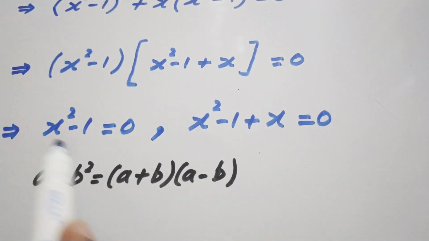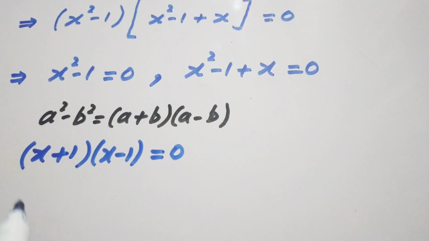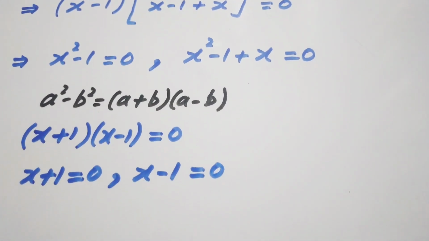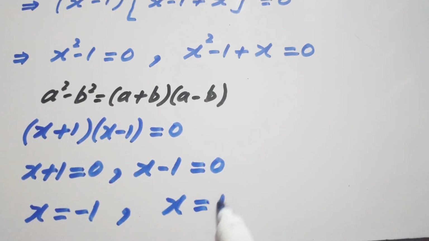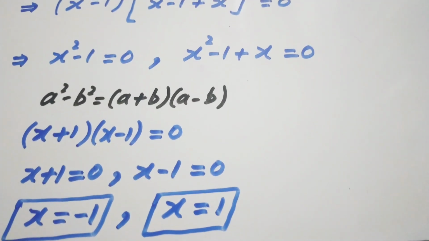So we get (x plus 1) into (x minus 1) is equal to 0. Now this will become x plus 1 is equal to 0 and x minus 1 is equal to 0. From this we get x is equal to minus 1 and x is equal to plus 1. So these are the two solutions, x is equal to negative 1 and x is equal to 1.